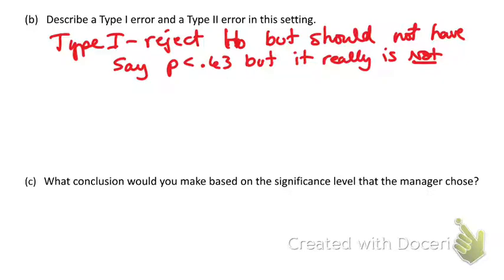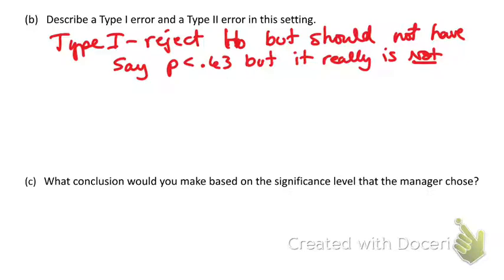What's the consequence of that? If we say the proportion is truly now less than 0.63, what's going to happen with the employee? If we say the proportion that have to wait longer than 2 minutes has gone down, what happens with the employee? We're going to keep him, right? But the proportion really wasn't low. So what are we doing now?